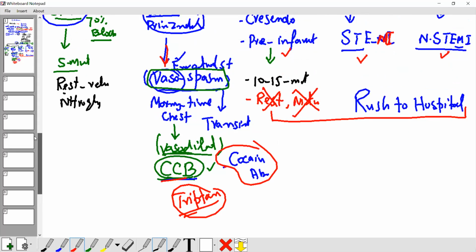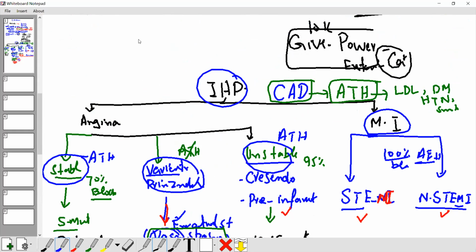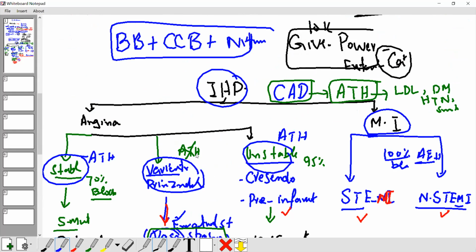For ischemic heart disease, the simple drugs I am putting here are: number one, beta blockers; another option, calcium channel blockers; another option, nitrates. These are the three best drugs for ischemic heart disease. We can add other drugs as add-on therapy according to the situation, depending on what type of angina and what type of MI there is.